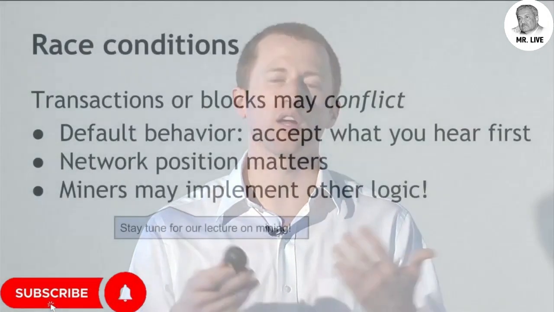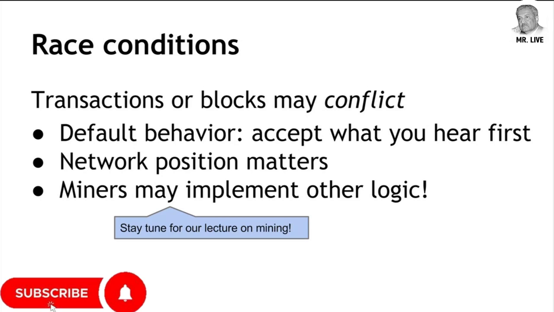So every node is free to do whatever logic they want. If for some reason any node wants to, they can choose to implement any other logic they want for choosing which blocks or which transactions to forward. We'll talk about that more in our lecture on mining, why miners might want to implement some different logic other than the default.